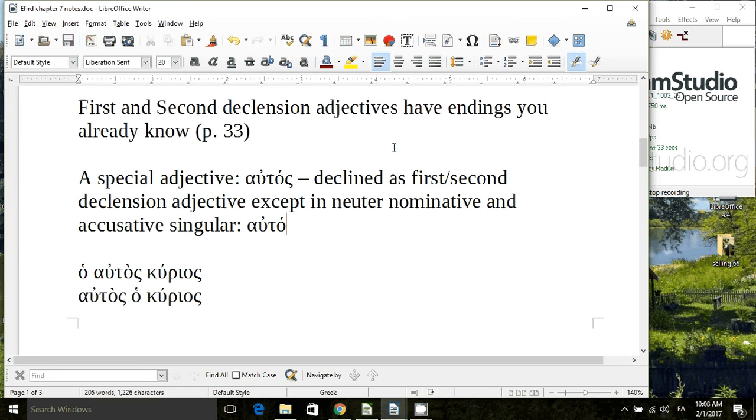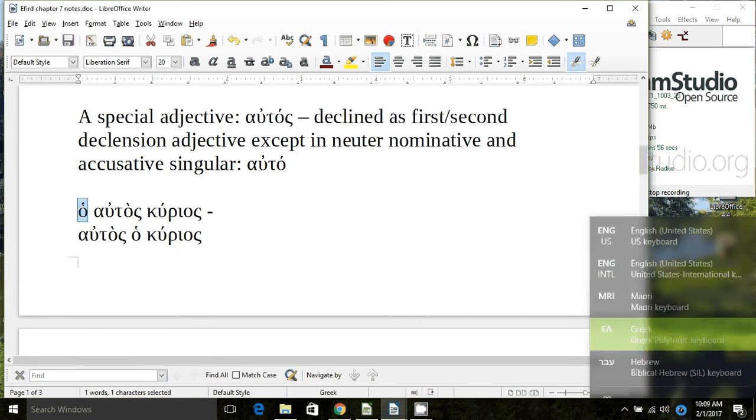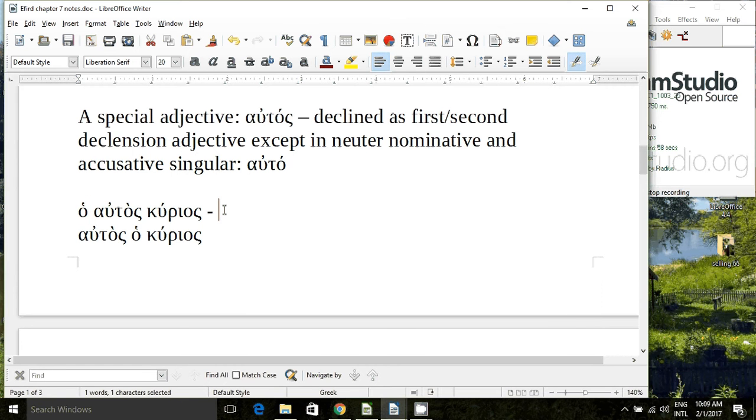By the neuter having this special form, that helps us keep it straight from the masculine. When autos is used in the attributive position, the adjective is after the article, so that's attributive. Then autos means same. So this is the same Lord.